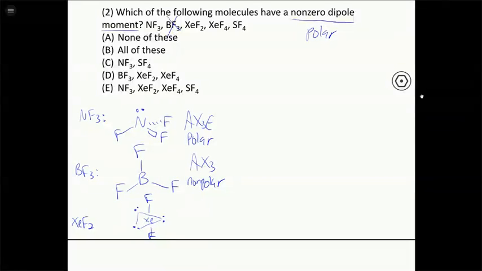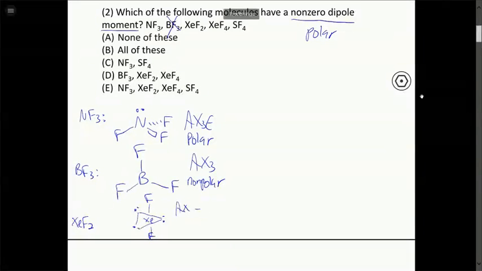So they're both fluorines, so the 2 dipoles cancel each other out. This is AX2E3, which is linear, and anytime it's linear, it's going to be nonpolar. All right, so that one's nonpolar, so we cross that out.